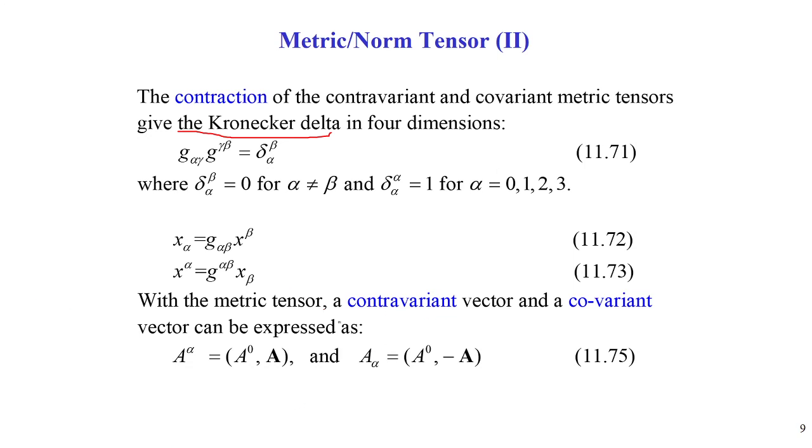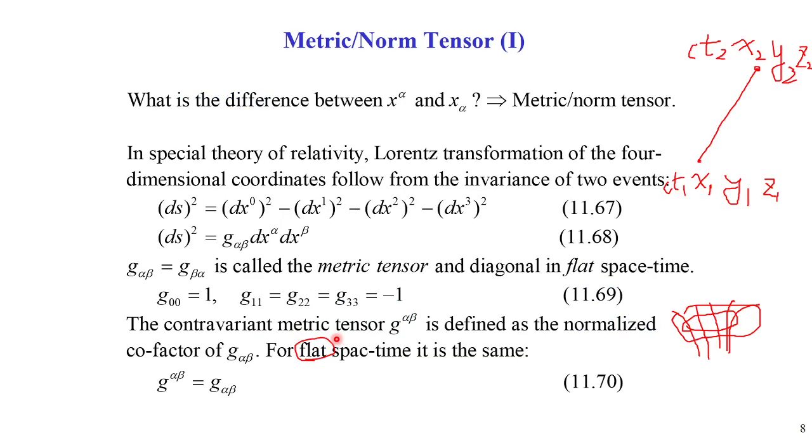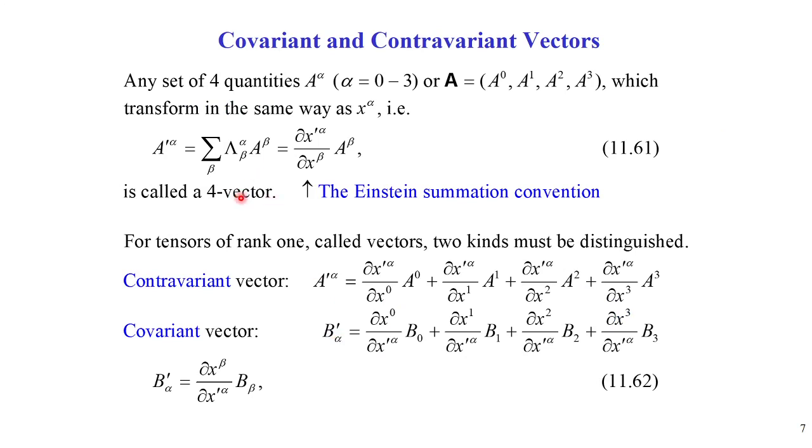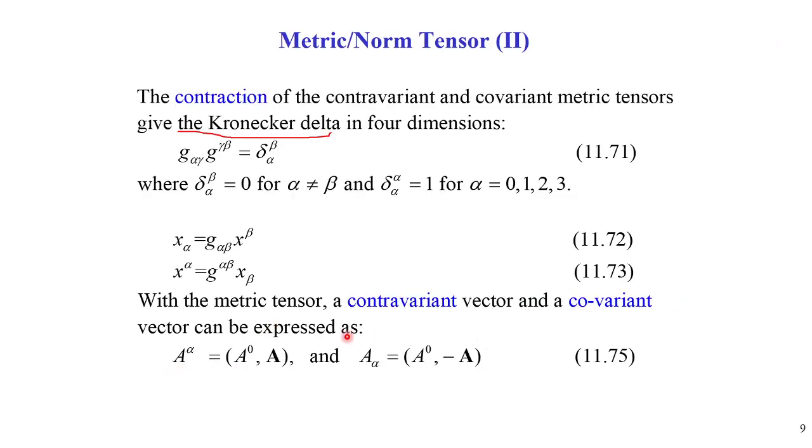If we have a vector, this is obviously covariant, and this is contravariant. So ct will be the same. Not necessarily ct, but if we have a Lorentz vector, a 4-vector of the first kind, rank 1. For tensors of rank 1, we have these expressions.